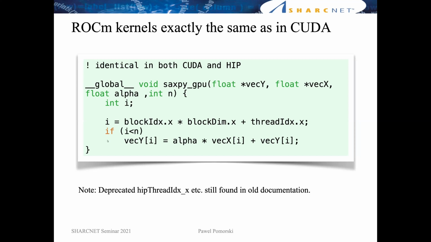In some older documentation, you can see that instead of threadIdx.x, one had hipThreadIdx_x, so they changed the name a little bit, but then they decided that it's not worth it. They're just using exactly the same syntax as CUDA does, which is really convenient. So that means that if you have some CUDA GPU code, the change from one to the other is really simple. You're not changing your kernels, you're just changing your API functions a little bit.